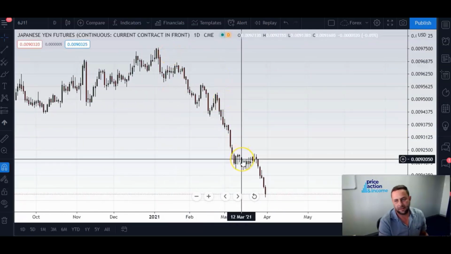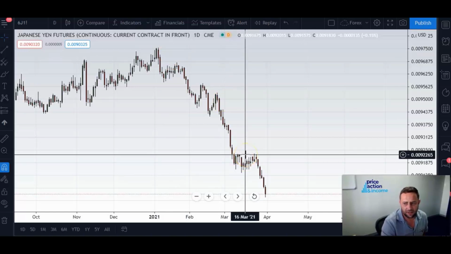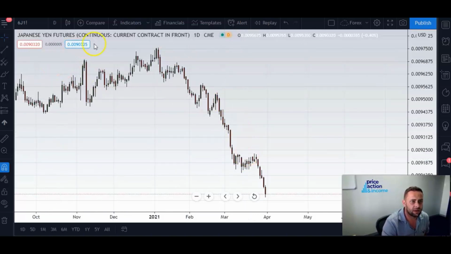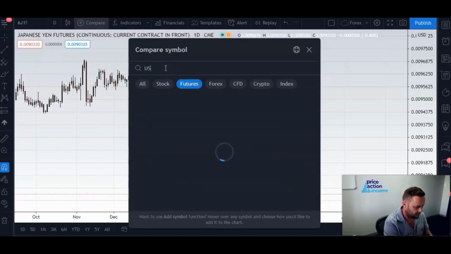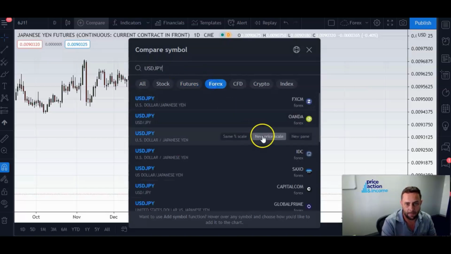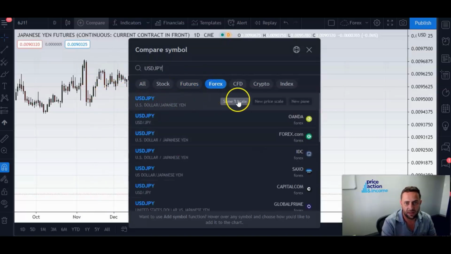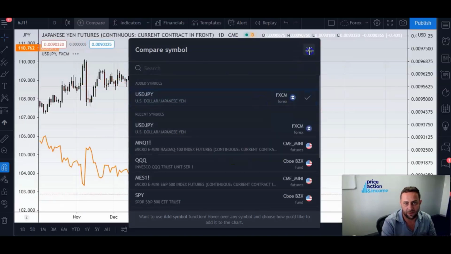This is Japanese yen futures. So it's on the futures side of things, the currency futures. And you probably know that you could trade the US dollar Japanese yen on the forex side, and there you can change your lot size, and you obviously control your position size, if I can put it that way. But if you can't trade the futures, you can go to the forex side.